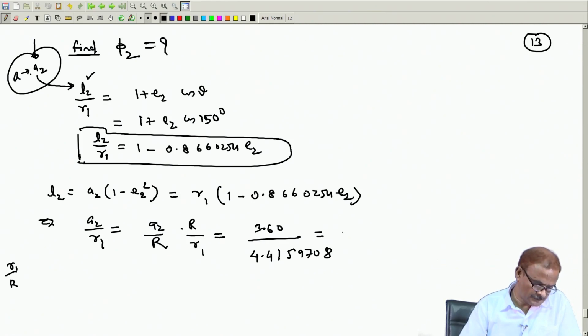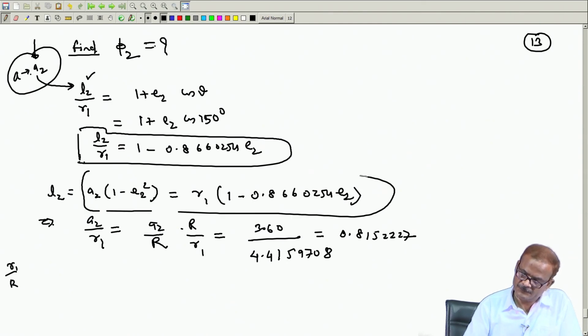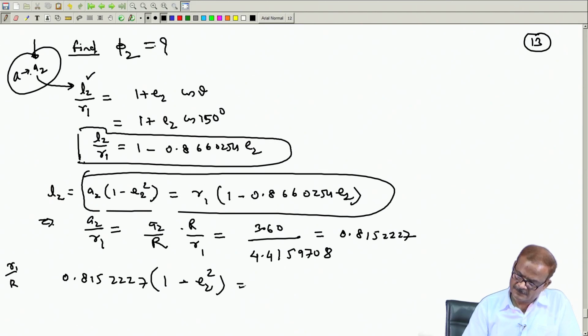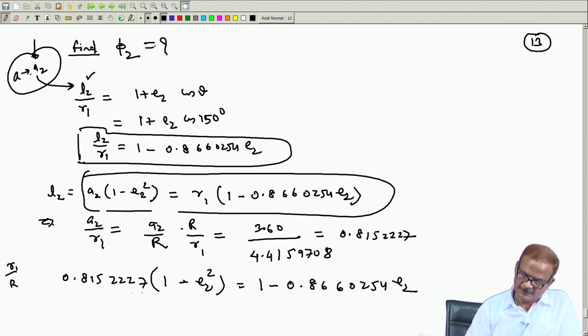So, this turns out to be 0.8152227, and once we use this A 2 by R here, you will have 0.8152227 times 1 minus E 2 square, equal to 1 minus 0.8660254 E 2, and you know this is a quadratic equation.